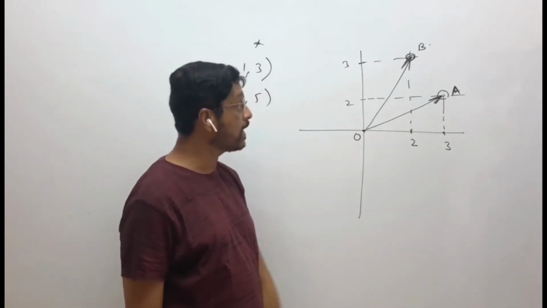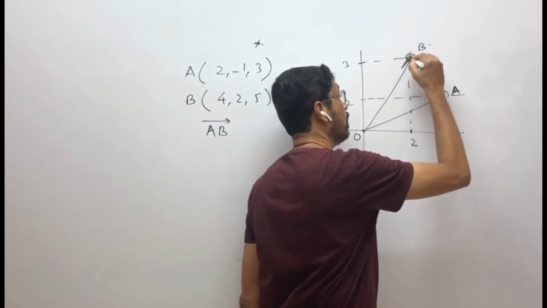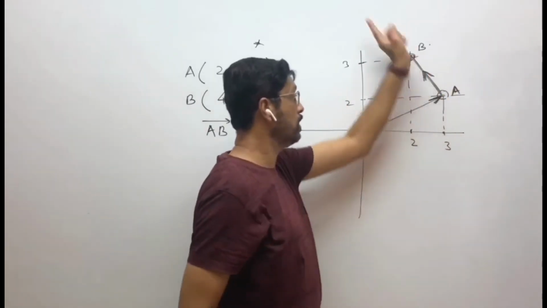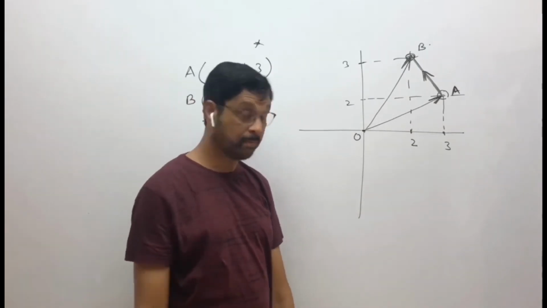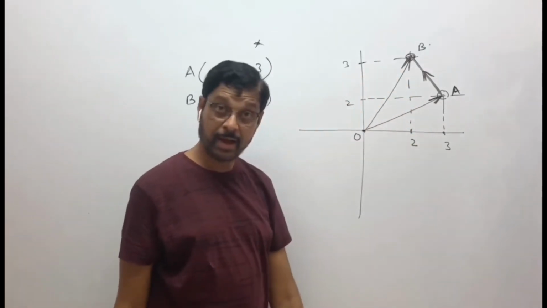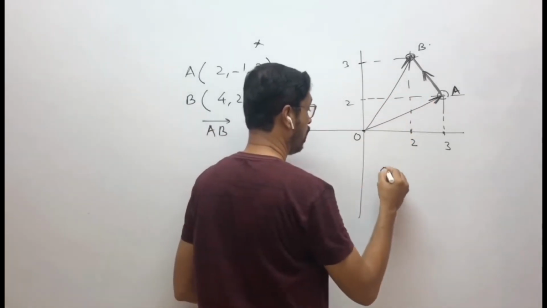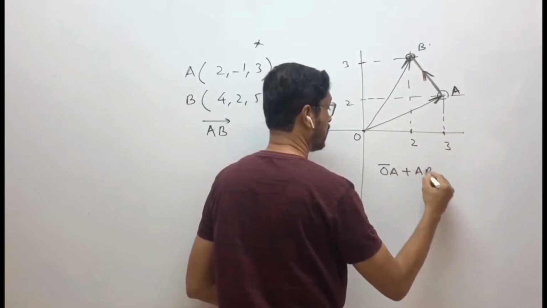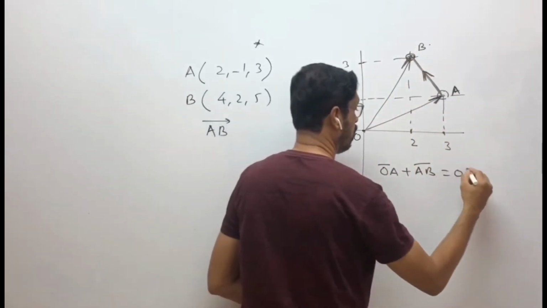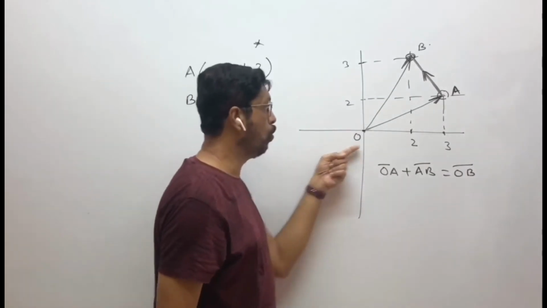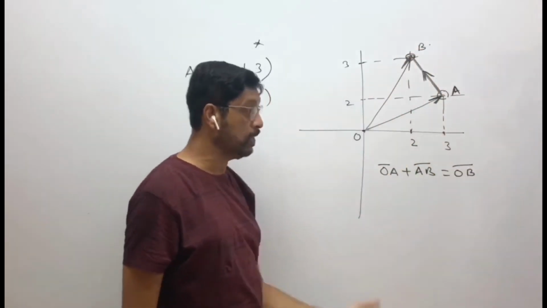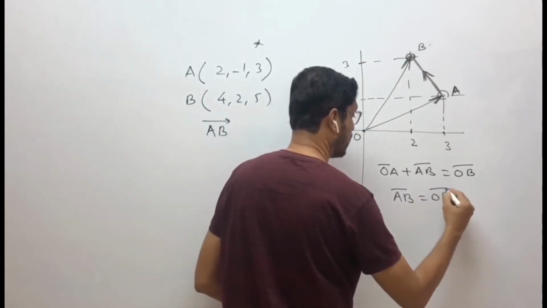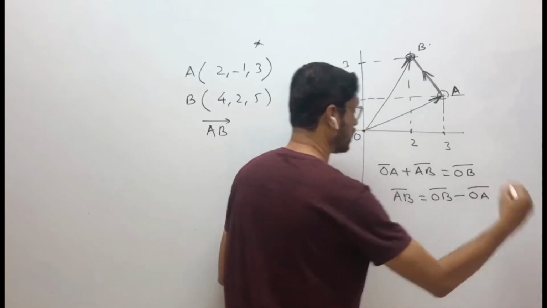लेकिन हमको find क्या करना है, vector AB. हमको ये vector find करना है, vector AB. How can you find vector AB? इस diagram में हम बोल सकते हैं कि applying triangle law, vector OA plus vector AB is equal to vector OB. OA plus AB is equal to OB, and then you can say vector AB will be equal to vector OB minus vector OA.